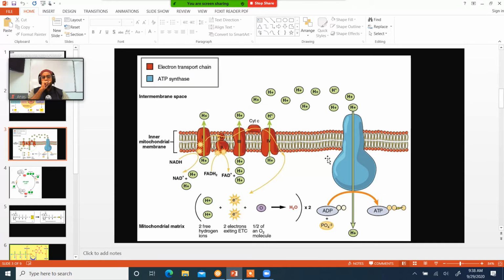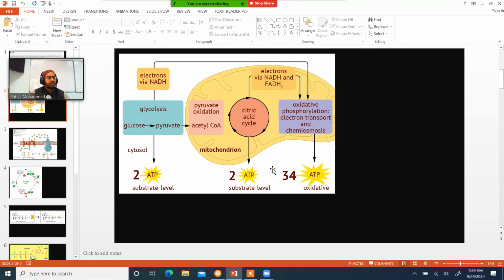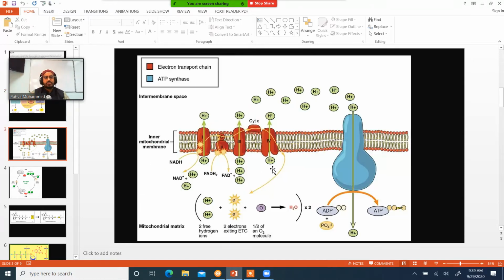So this portion is showing you the last portion of this process. Remember we were talking about oxidative phosphorylation, this last portion in the purple, all the way to the right. So here's basically what happens.